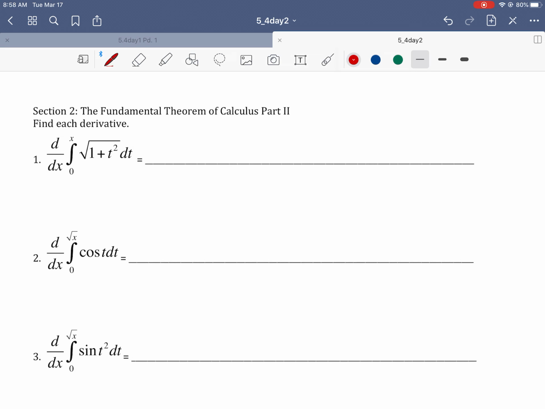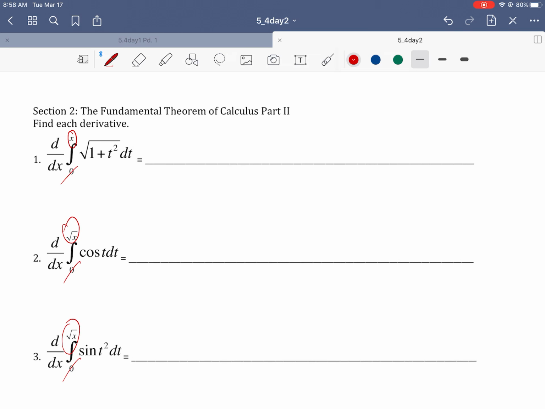Okay, the second part is FTC Part 2. This is where we're deriving an integral, so we're doing opposite operations here. The key is look to see what the upper limit is. The lower limit, as long as it's a number, does not matter. So having a 0, we don't need to use it. We need to acknowledge that we're deriving an integral.